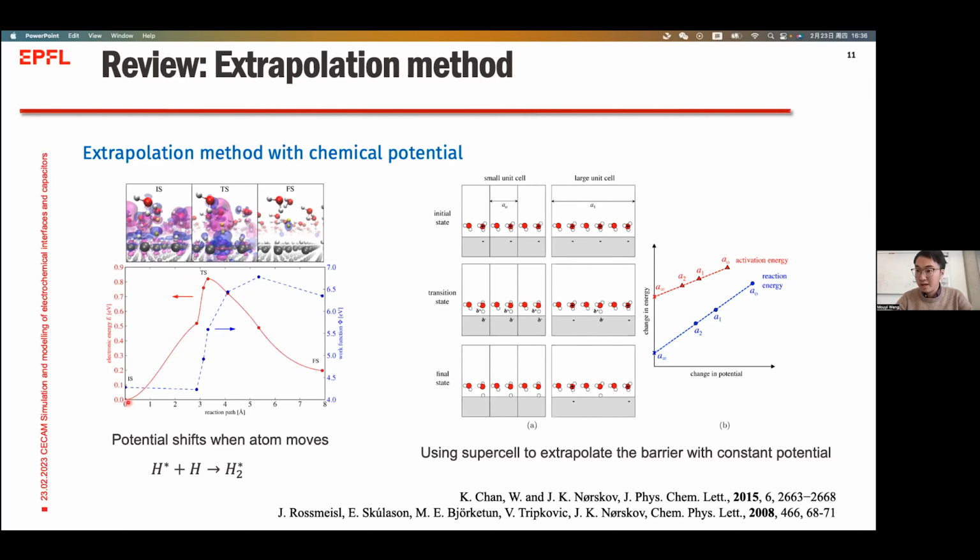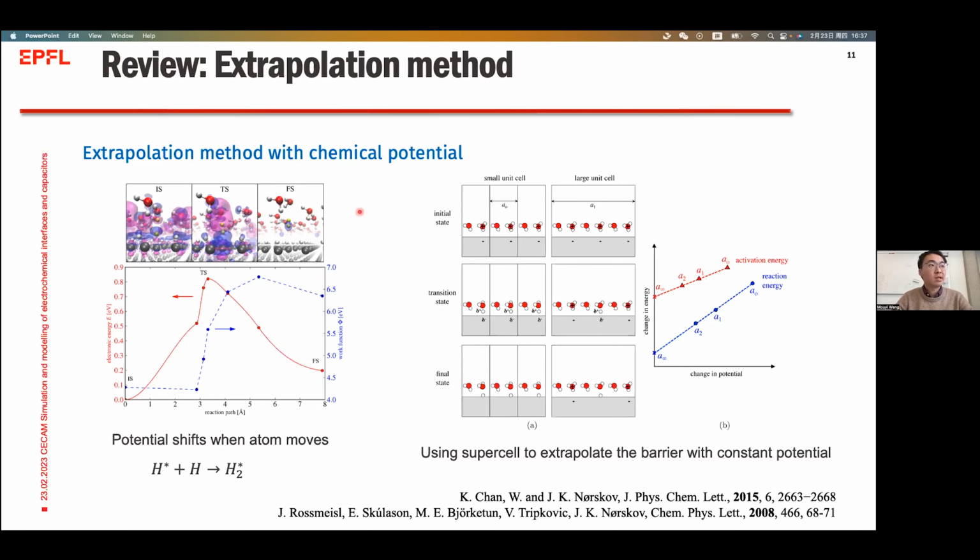As we can see, with the atoms moving, this is an example of two hydrogen atoms combining into a hydrogen molecule. In this reaction, the work function of the whole system will change, and the barrier will also change as the chemical reaction happens across different images.